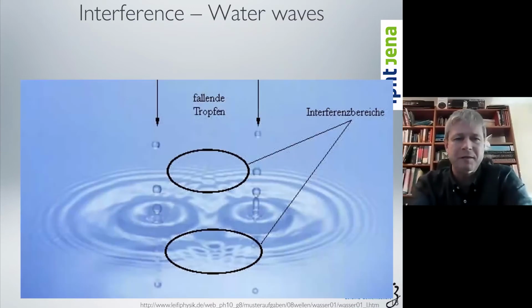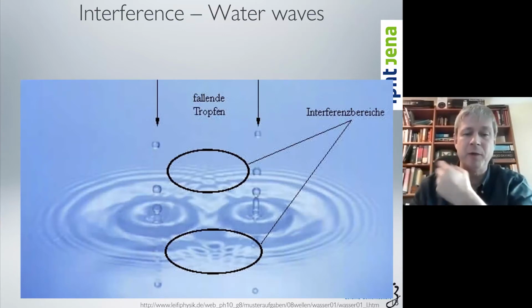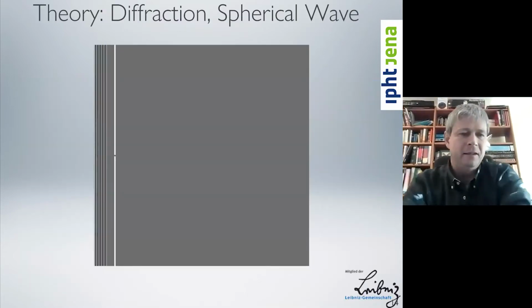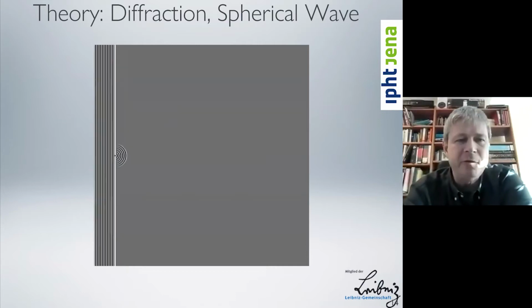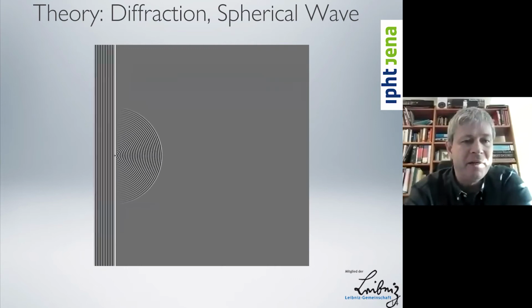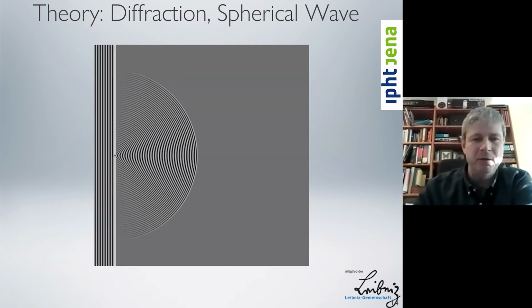And of course, we are dealing with light, and light is normally, a model for light is basically to picture it as a wave, or as an electromagnetic field that has a wave nature. And how do waves behave? Well, if we send, for example, a plane wave through a point, a pinhole, then we get a spherical wave emanating from that pinhole.